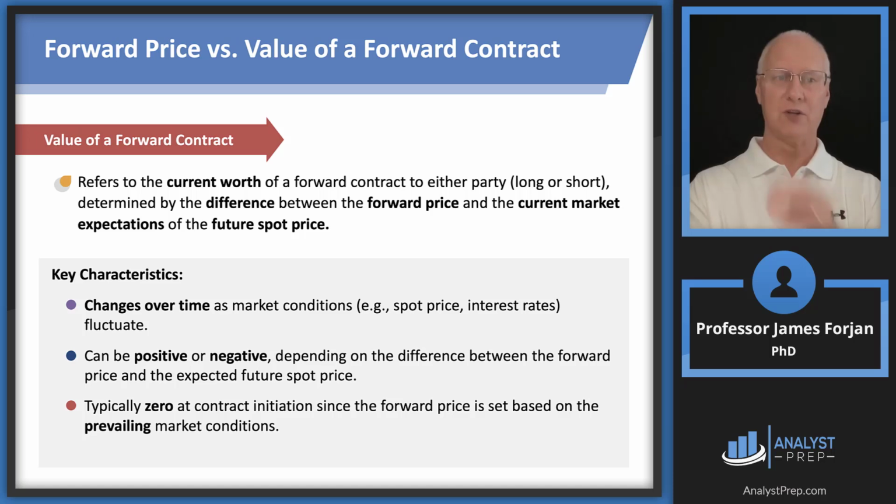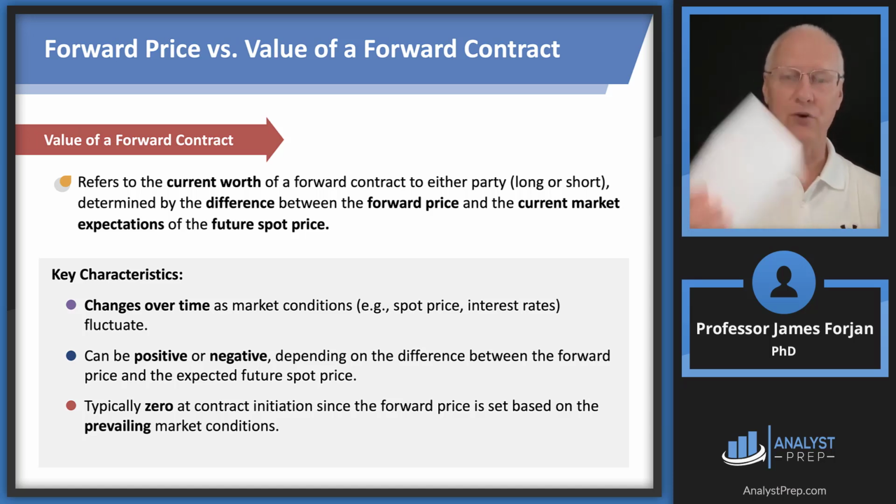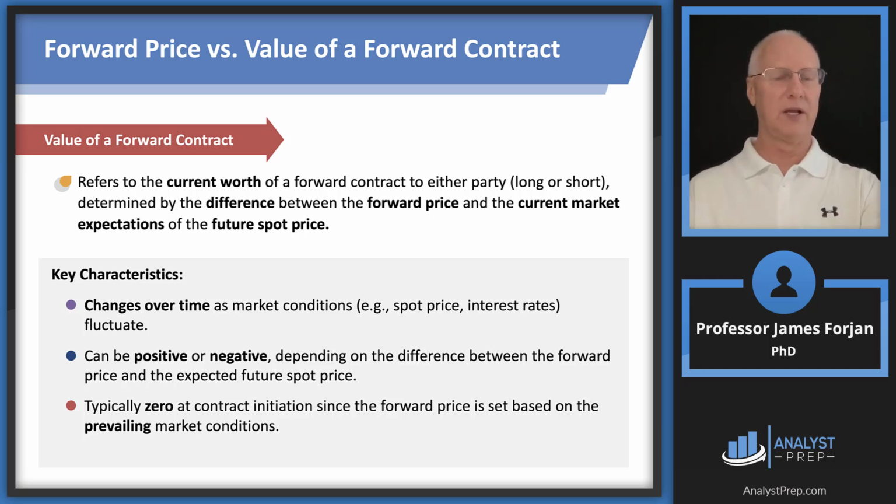So back to our discussion here, how do we value this piece of paper, this derivative contract? Well, there we go. Look at the key characteristic. It changes over time because spot price changes and interest rates change, it can be positive or negative, and it's zero at contract initiation. I want you to think about this. When you're worried about positive or negative on the exam, just think about whether you're happy.